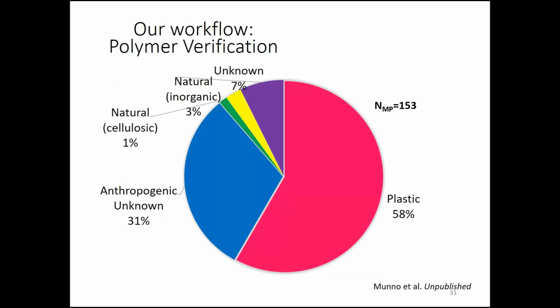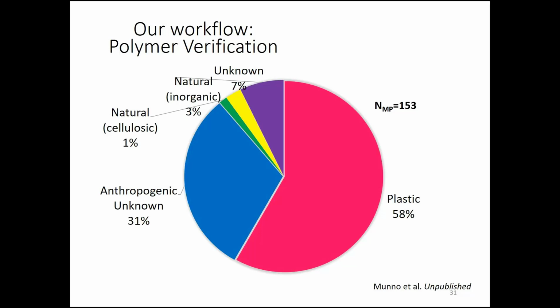This is just an example, but because we were subsampling and not identifying every particle in our samples, I just want to show you that 4% of the particles that were picked in this example were not anthropogenic, and 7% were unknown. So you can say, okay, 89% of what we studied here we think are actually anthropogenic. 58% of them gave us some sort of plastic polymer. We knew the polymer distribution in our sample.